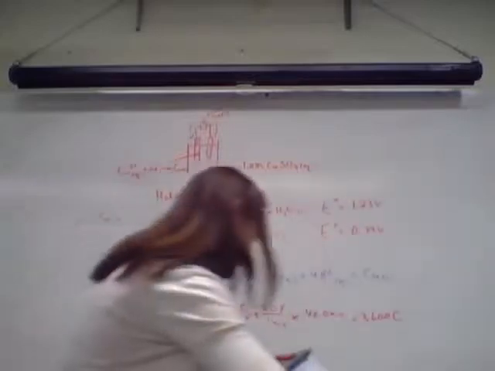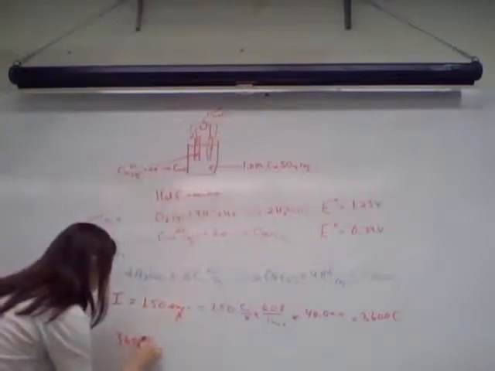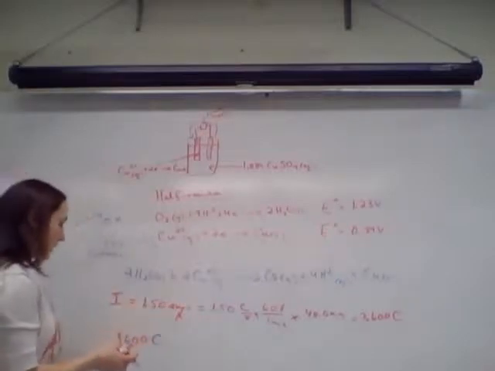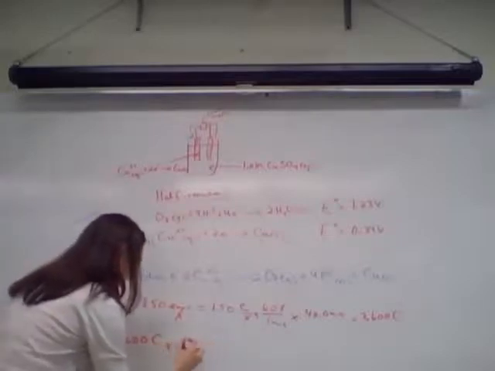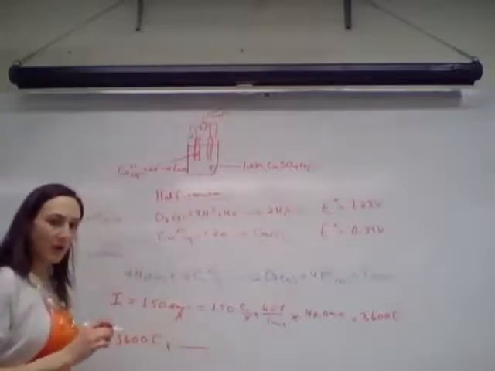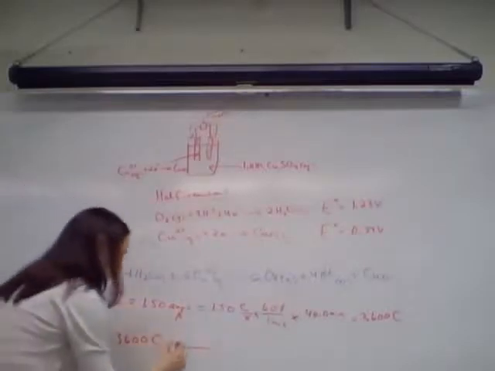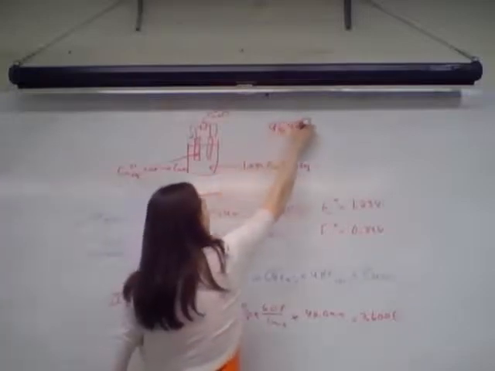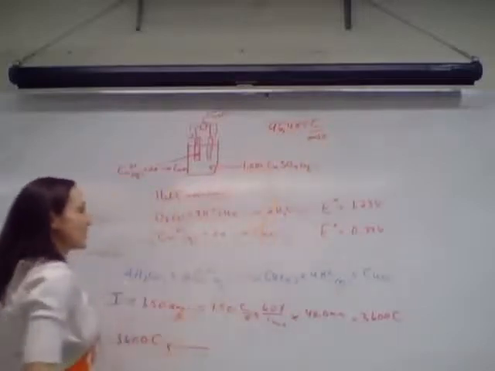Again, thinking about the factor label method, I have this many coulombs that went through the system, and so I can figure out how many electrons if I know Faraday's constant, which is 96,485 coulombs per mole of electrons. Labeling it out so that I can see what I have.